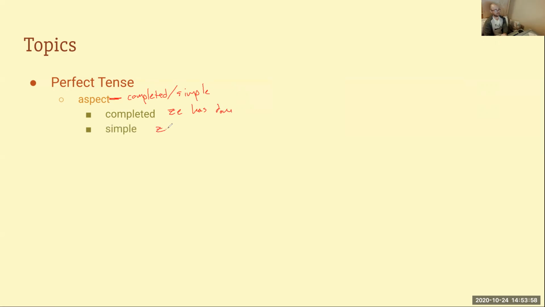All right. So there are other stem changes that happen, a couple that are very common, but those that we reviewed today, I think, are most common. So we looked at the perfect tense. We saw that it has an aspect that can either be completed or simple. And with that completed aspect, that would be something like she has done, whereas the simple is just she did. For the verb forms, we saw that the stem changes.